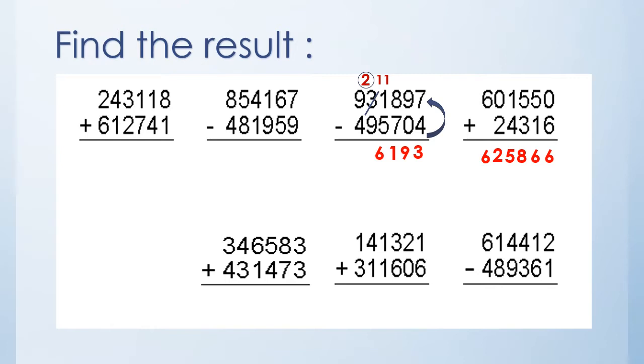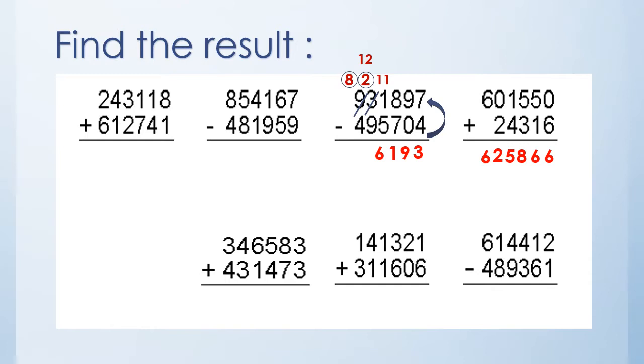And now 2 minus 9. Can I count from 9 to reach number 2? No, can't be. So borrow 1 from 9. 9 will be 8 and 2 will be 12. Now I can count from 9 to reach 12.